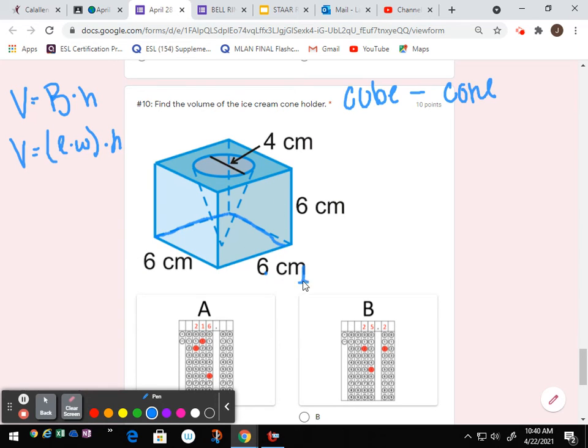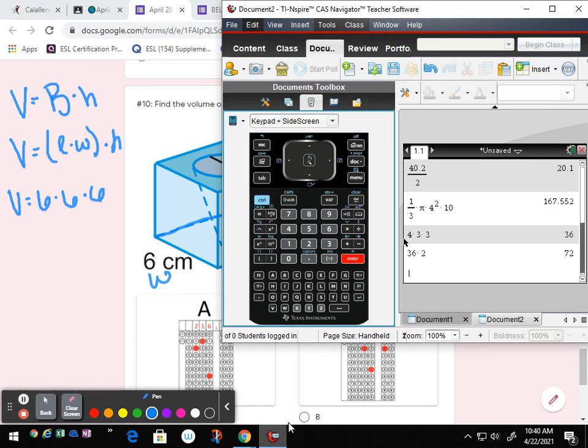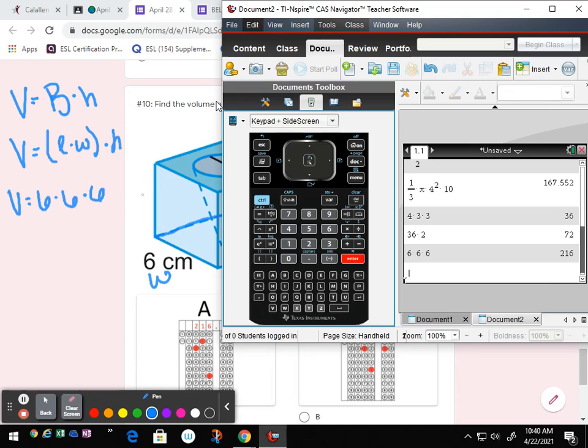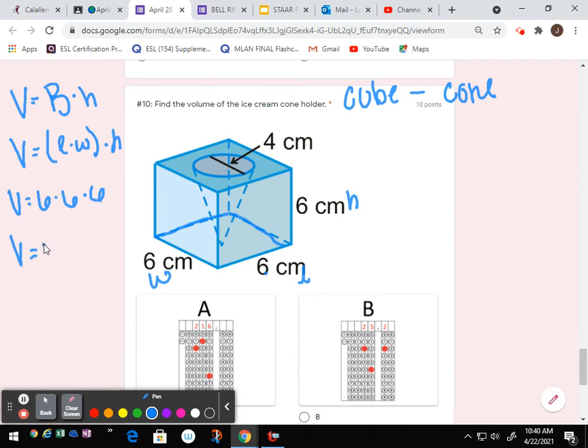We have 6 for our length, 6 for our width, and 6 for our height. So we have V is equal to 6 times 6 times 6, which is 216. So volume is equal to 216 centimeters cubed.